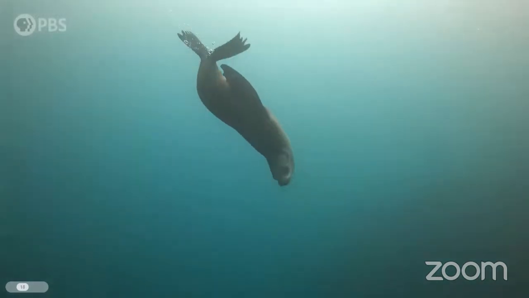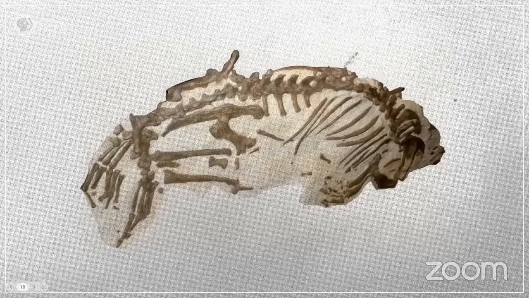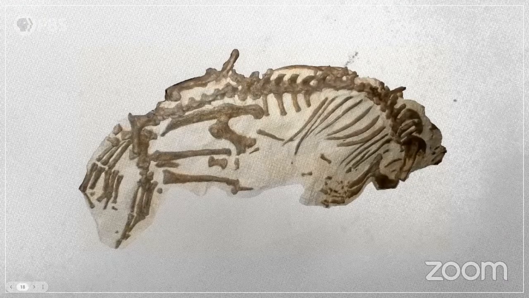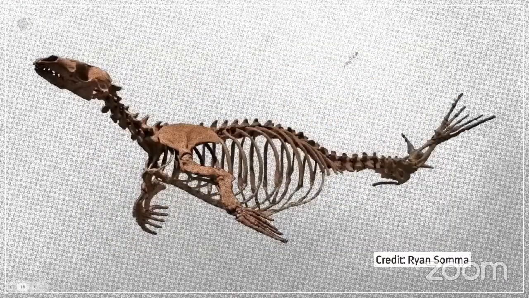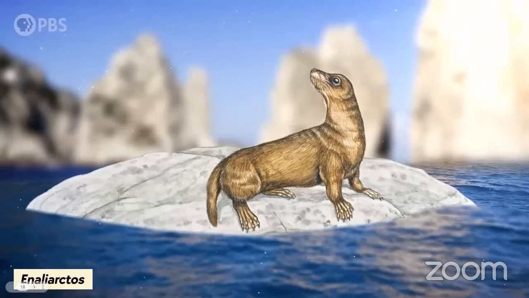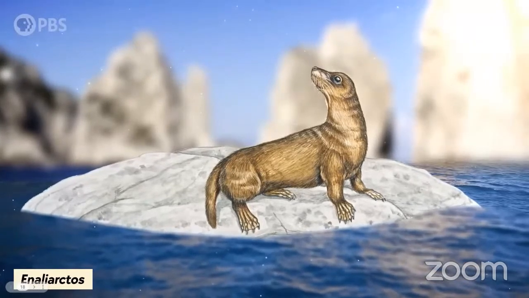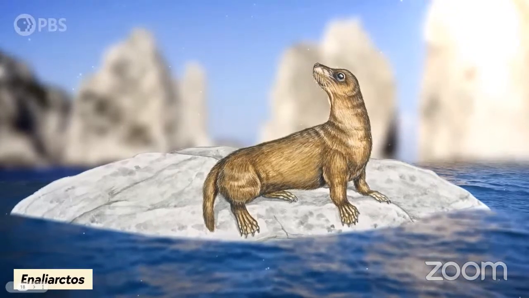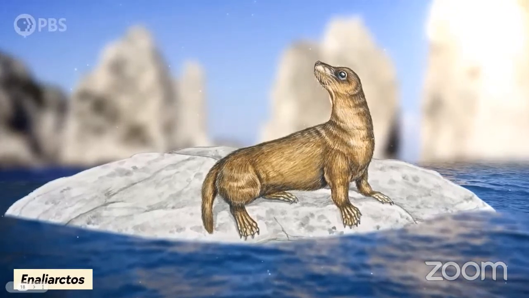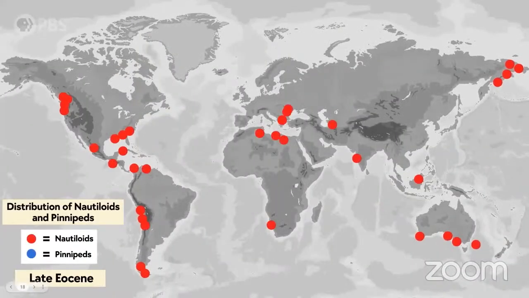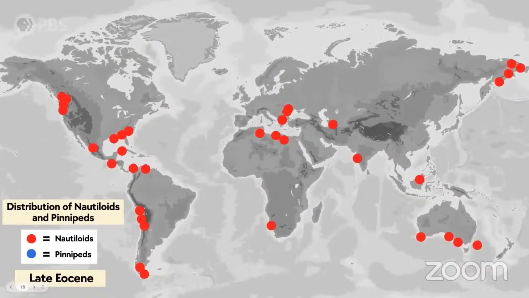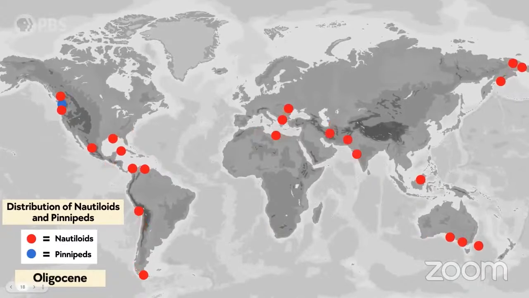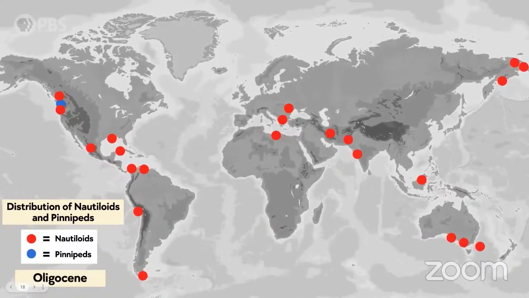But we do know that by about 28 million years ago, the earliest recognizable pinniped relatives had begun splashing through the water, like Enaliarctos, for example, a genus that contains several extinct species with clear adaptations for swimming, whose fossils have been discovered in coastal Oregon and California. And as the researchers tracked the spread of pinnipeds in the coastal regions around the world, they saw the same pattern again and again.